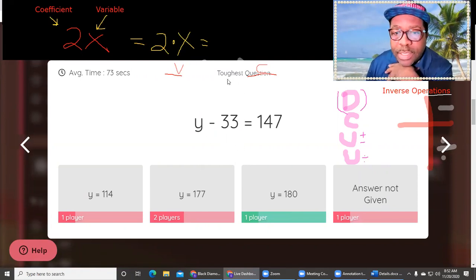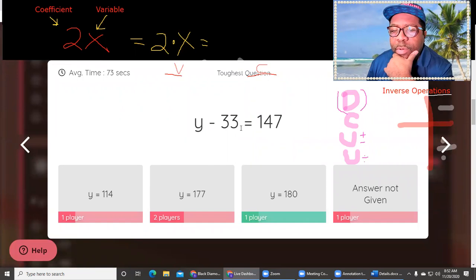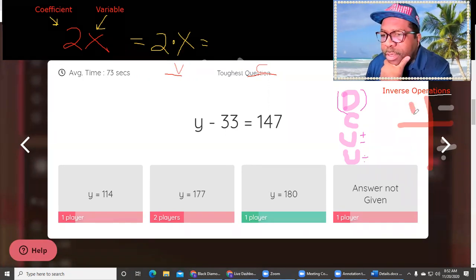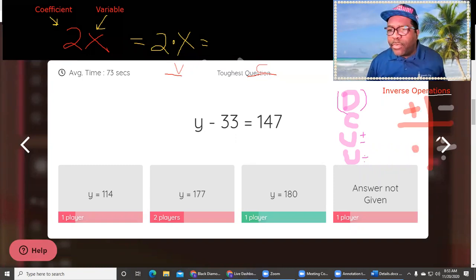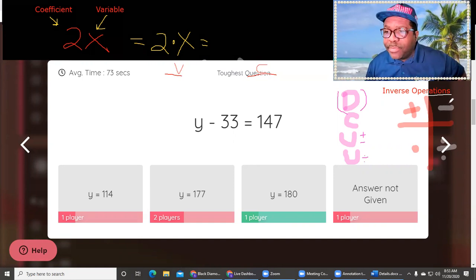All right, so this was the toughest question. y minus 33 equals 147. Well, I want to make sure that we have our inverse operations. Remember, the opposite or the inverse of addition is subtraction.